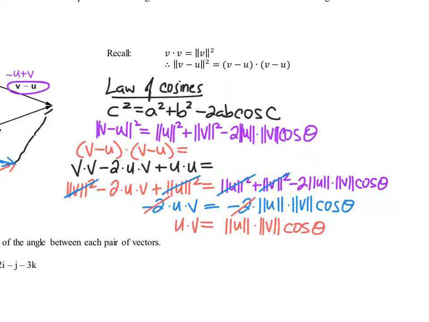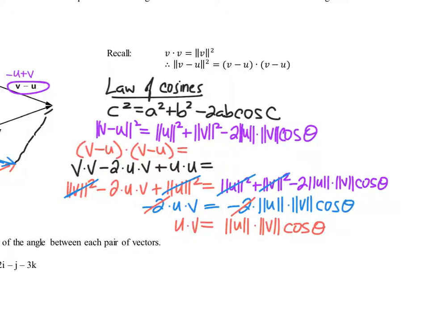A consequence of that beautiful new rule is that now I have something that includes an angle, the angle between vectors u and v. So I now have a technique that allows me to solve for the angle that separates two vectors.